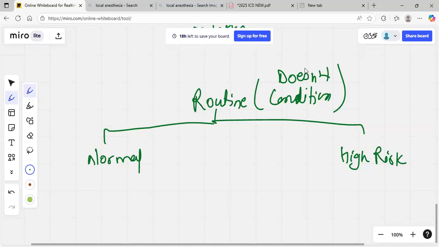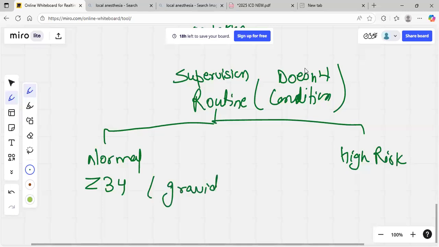If the patient is coming for the normal routine checkup, which is known as supervision, you are going to use a code from series Z34. Z34 codes are based on the gravida. Gravida represents the number of times the patient conceives a baby.